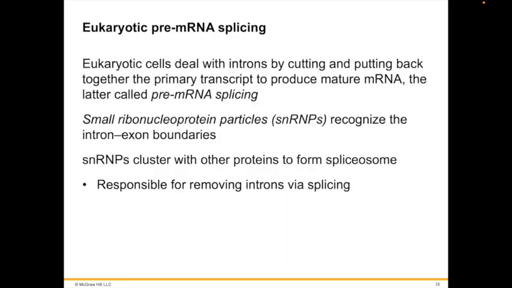The SNRPs, or snurps, I don't know which one you all prefer, are complexes composed of snRNA and protein. So the SNRPs are then clustered together with other associated proteins to form a larger complex called the spliceosome, which is responsible for the splicing or removal of the introns.